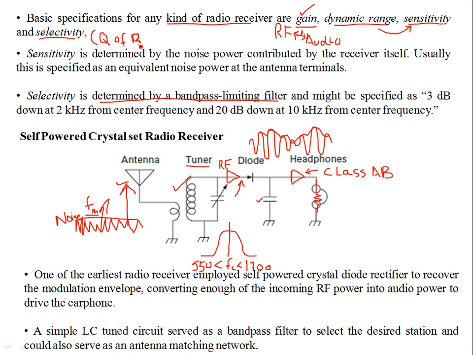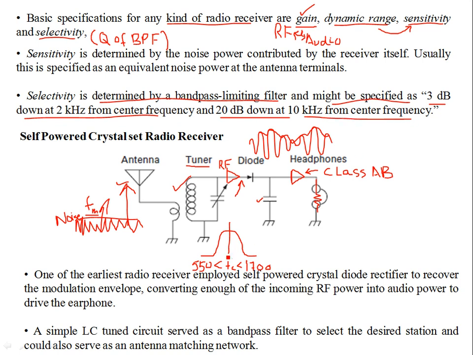In a sense, we reject all the other frequencies that are not desired. So if you have very high Q, your selectivity is high. In other words, selectivity is determined by the band pass limiting filter, and might be specified in dB. For example, 3 dB down at 2 kHz from the center frequency or the desired frequency, or 20 dB down at 10 kHz from the center frequency.